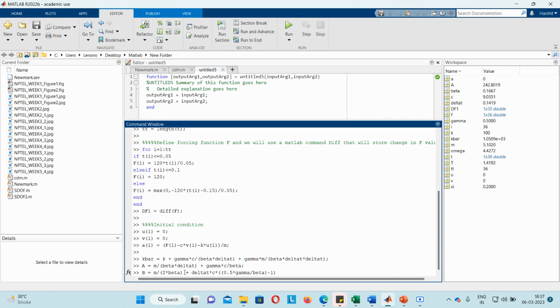Here also there will be one delta t. Okay, so we have defined all the constant values.